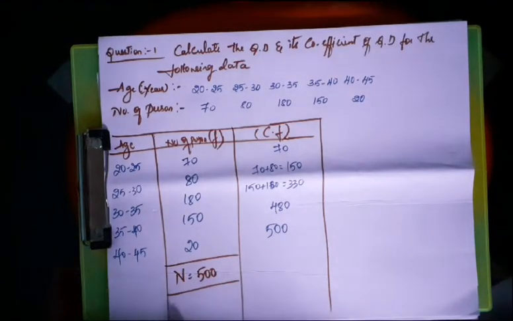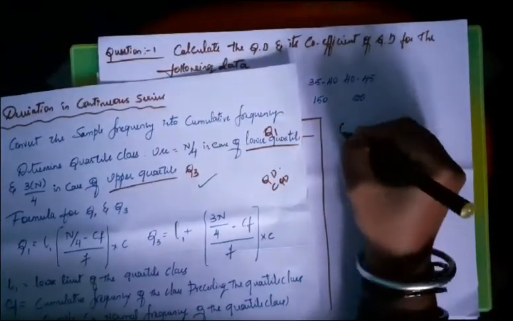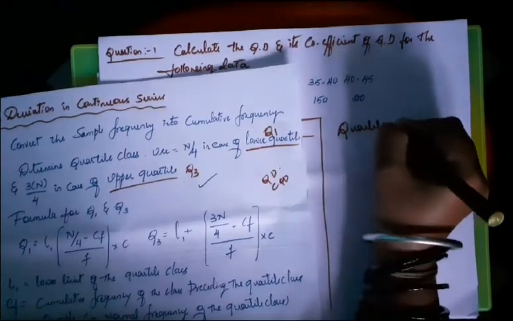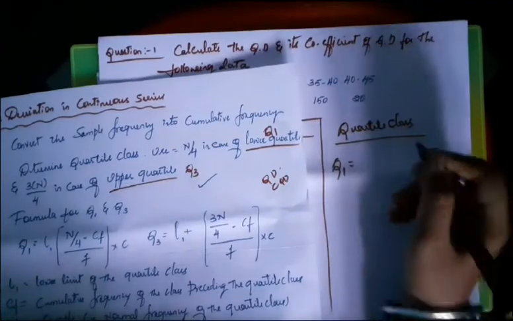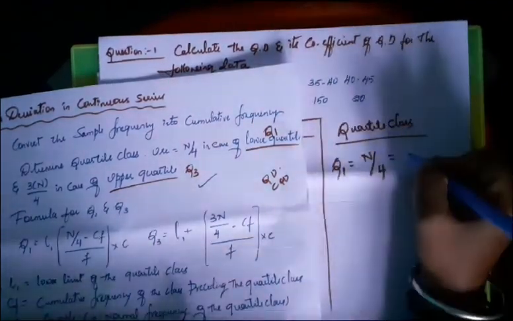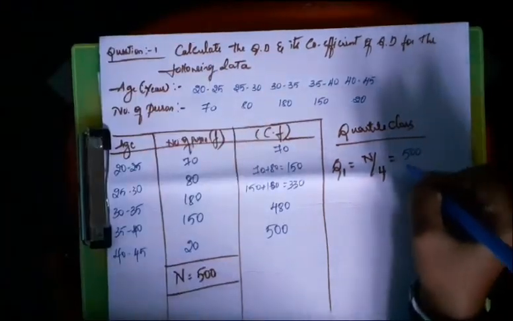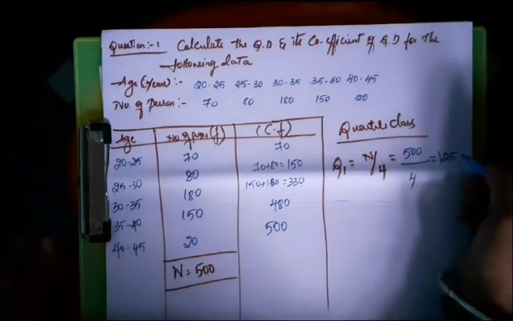After the first step, that is after calculating the cumulative frequency, the second step is we have to determine the quartile class. How to determine the quartile class for the first one, that is Q1? The formula is N by 4. N is the total of frequency, we got it as 500. 500 by 4, you will get 125.